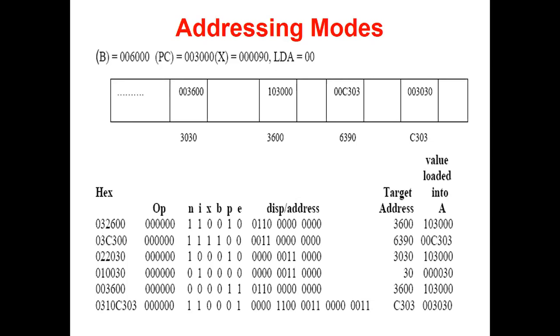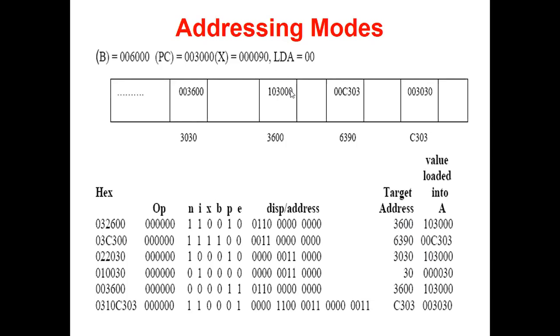Yeah, it's clear now. Okay. So the target address is here now. Remember the instruction is load the accumulator with. Now, what are we going to load into the accumulator? Is it the 3600, the target address, or contents? Because when you see the memory location, 3600 is here.